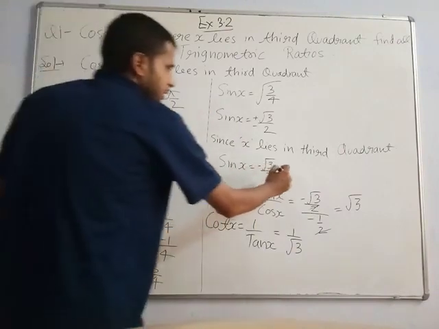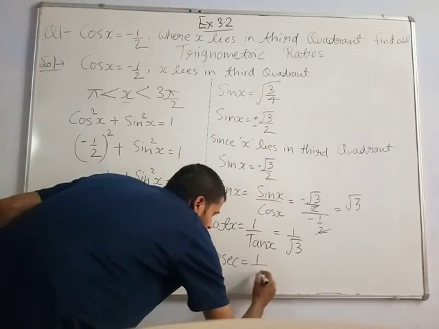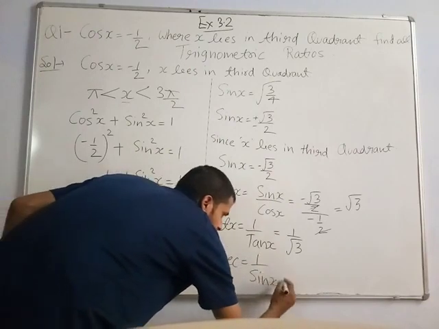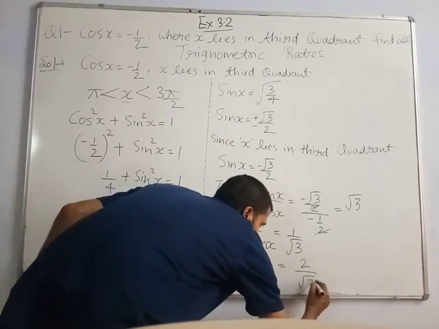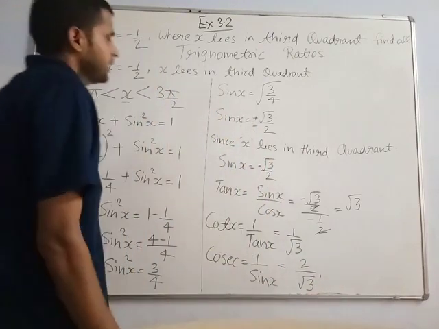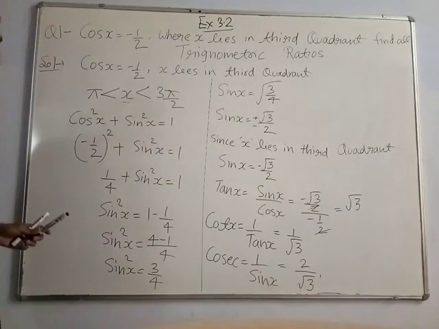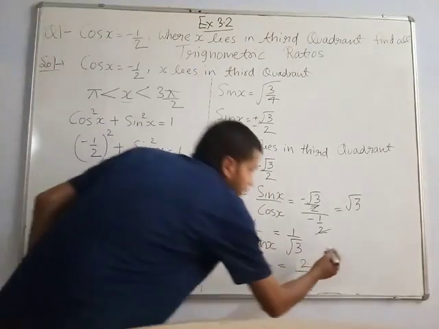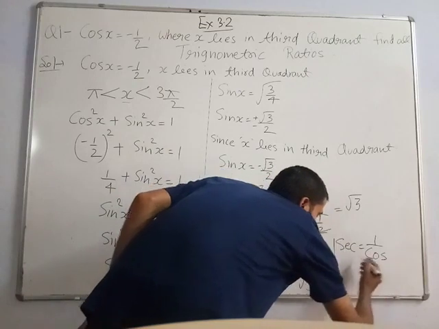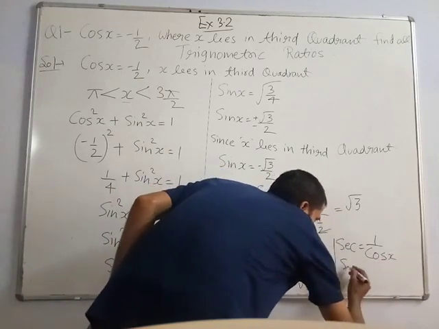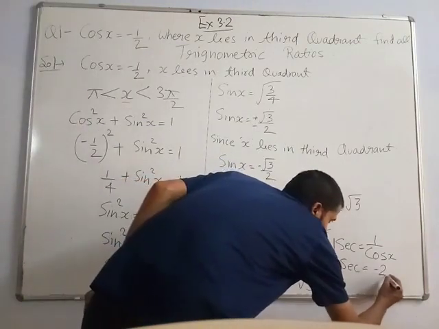Then cosec is 1/sin x, which is 2/root 3. And cos x is minus 1/2, then sec is 1 upon cos x, so sec is minus 2.